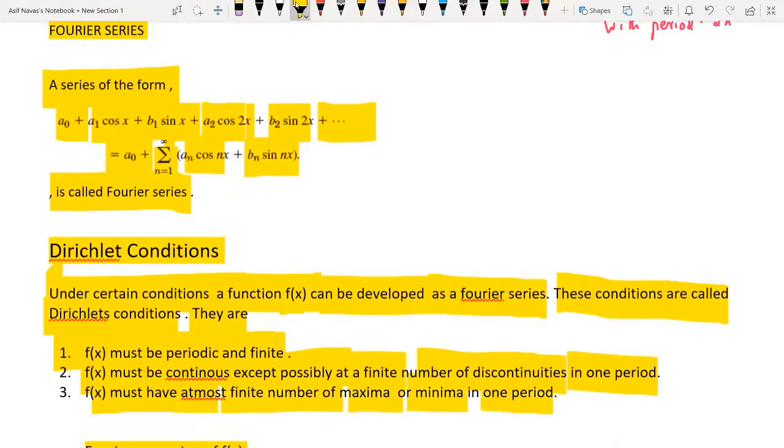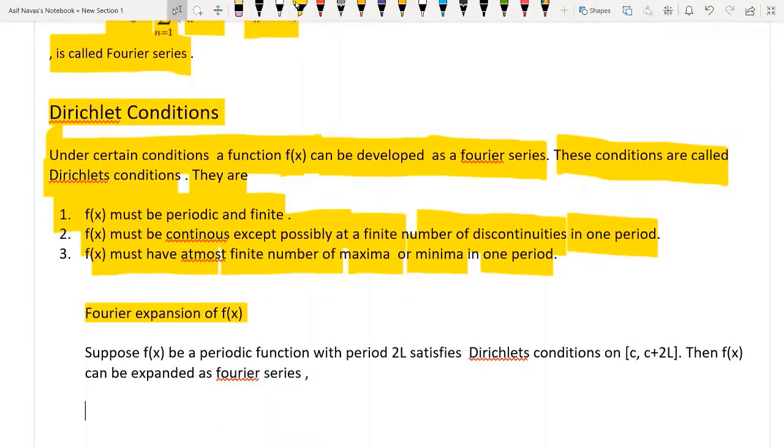These conditions are called Dirichlet conditions. That means if any function satisfies the Dirichlet conditions, then f(x) can be developed as a Fourier series expansion.